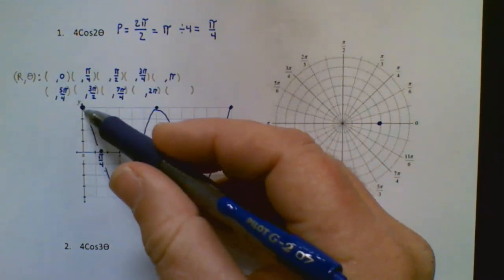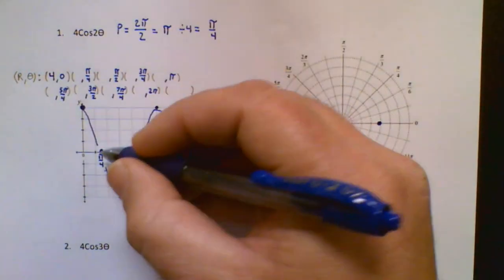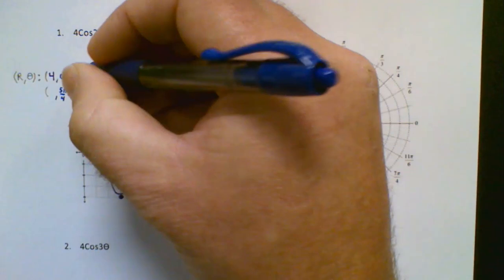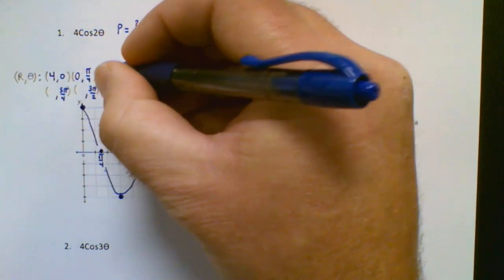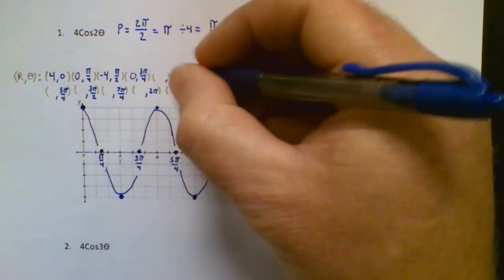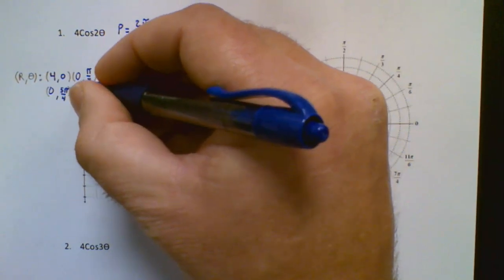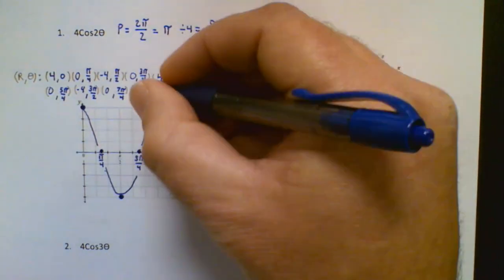Notice this started at the max. It started at 4, and then 0, negative 4, so let's fill those in. 0, negative 4, back to 0, back to 4, carry on that pattern, back to 0, negative 4, 0, 4.